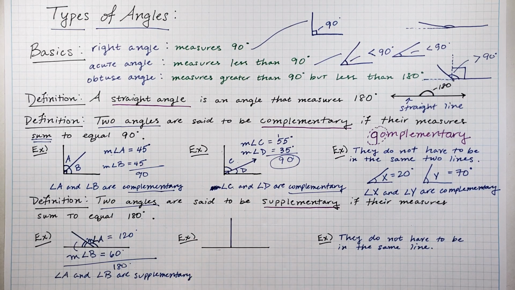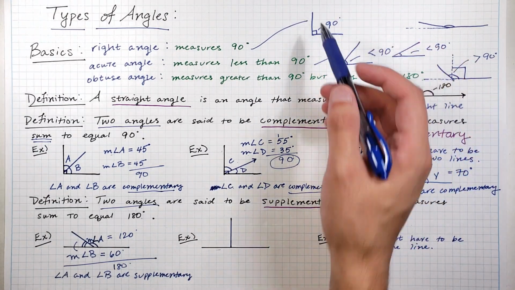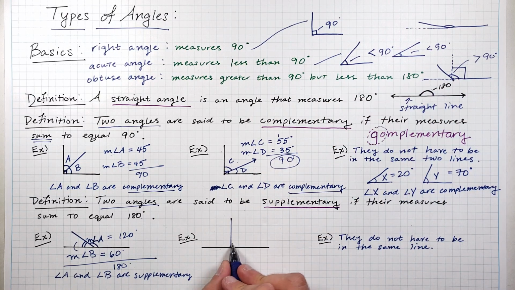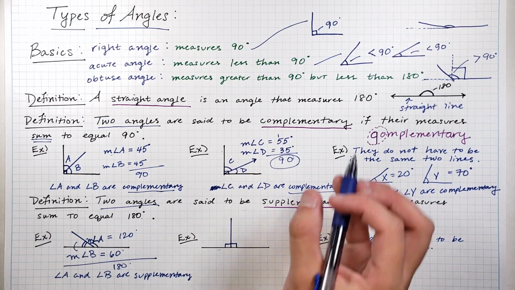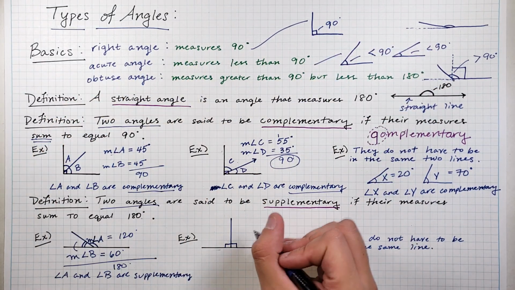This is actually called perpendicular. We haven't talked about that yet, but these two lines are perpendicular, so they look like this. So really what we have here is two right angles. Each one measures 90 degrees because right angles always measure 90 degrees.